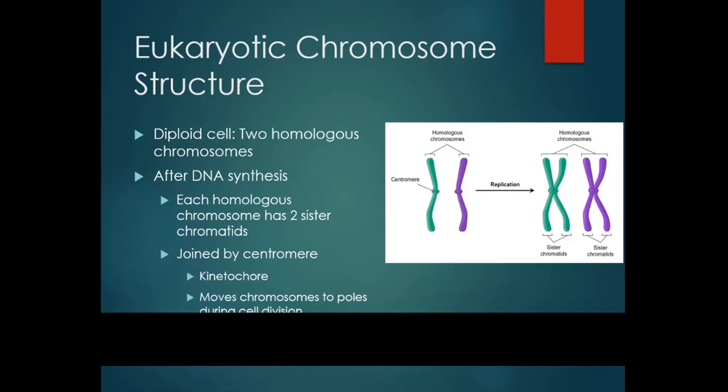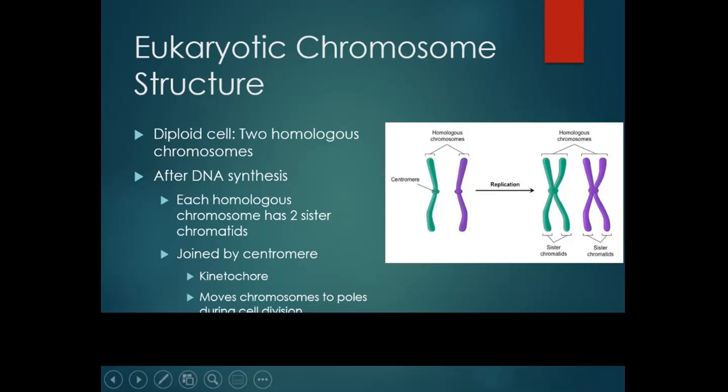When you go through S phase, each homologous chromosome then has 2 sister chromatids that are connected together. They're connected together at the centromere, but they're also connected together at least loosely all the way along. And that's where that cohesion comes into place that we talked about in the pre-lecture talk. Okay, so then after S phase, each pair of homologous chromosomes will have 2 sister chromatids.